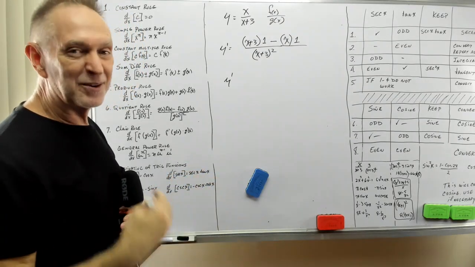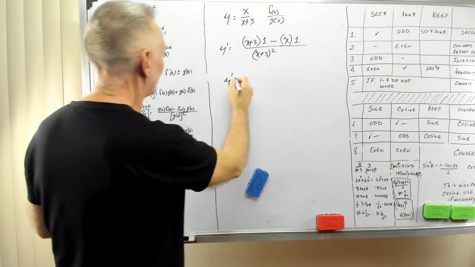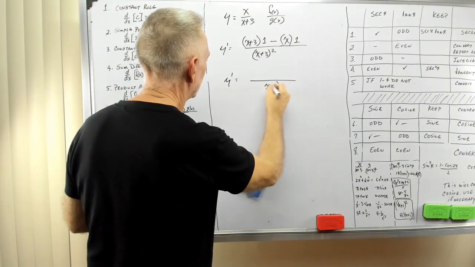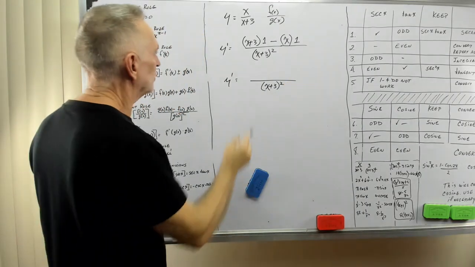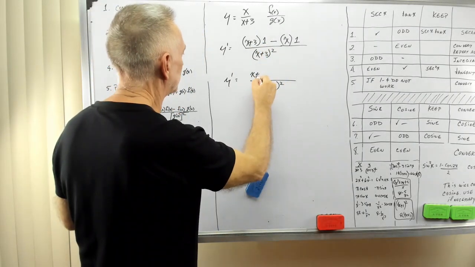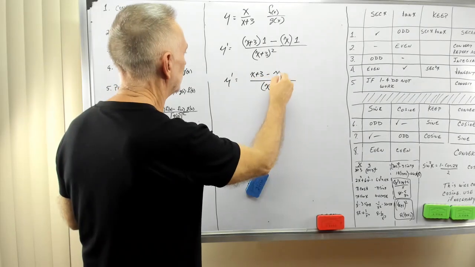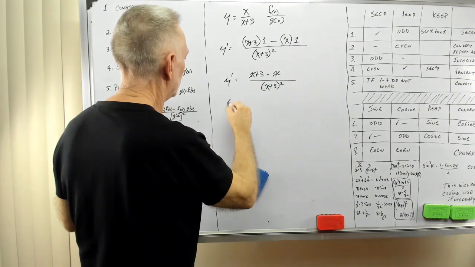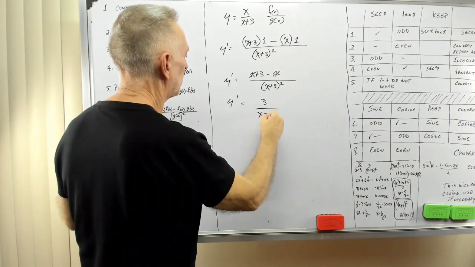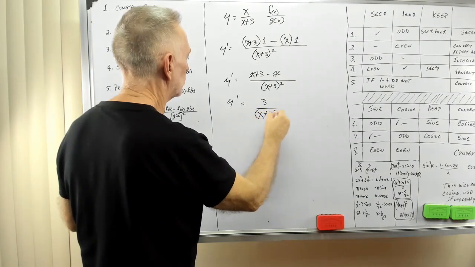That's why we have to practice. Okay. All right, before I forget it, x plus 3 squared. So now if I distribute the 1 through that, it just gives me x plus 3 minus x. The x's cancel. So y prime equals 3 over x plus 3 squared.